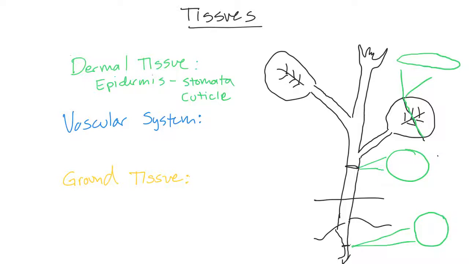All right, and then the vascular system, what were the two cell types which made vascular system? Well, sorry, no, I'll just do it. The xylem and the phloem. I asked that question wrong. You were right. All right, and the xylem and the phloem, that's moving water and sugar and any dissolved nutrients to the plant. Okay, in the leaf, that's going to be like right in the middle, that middle vein there. It may have some accessory veins there.